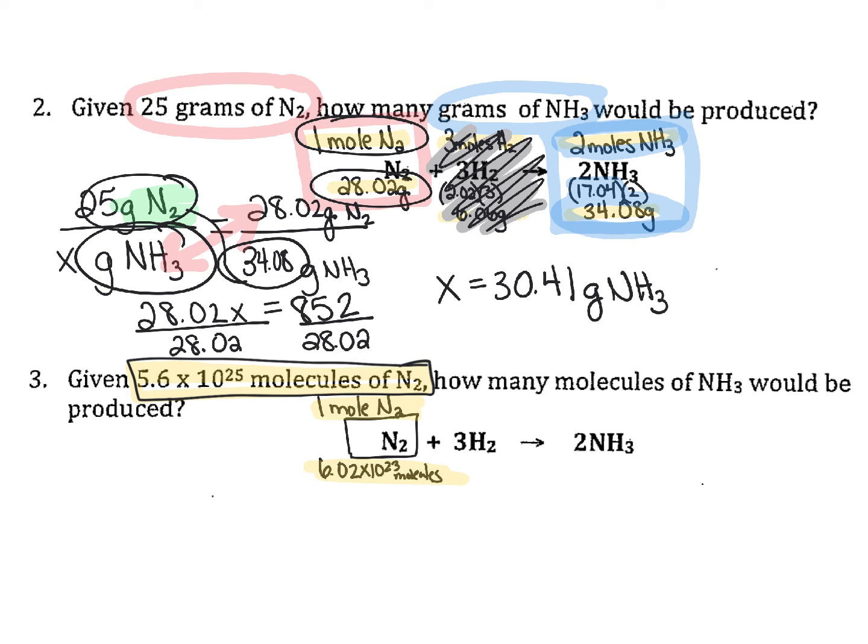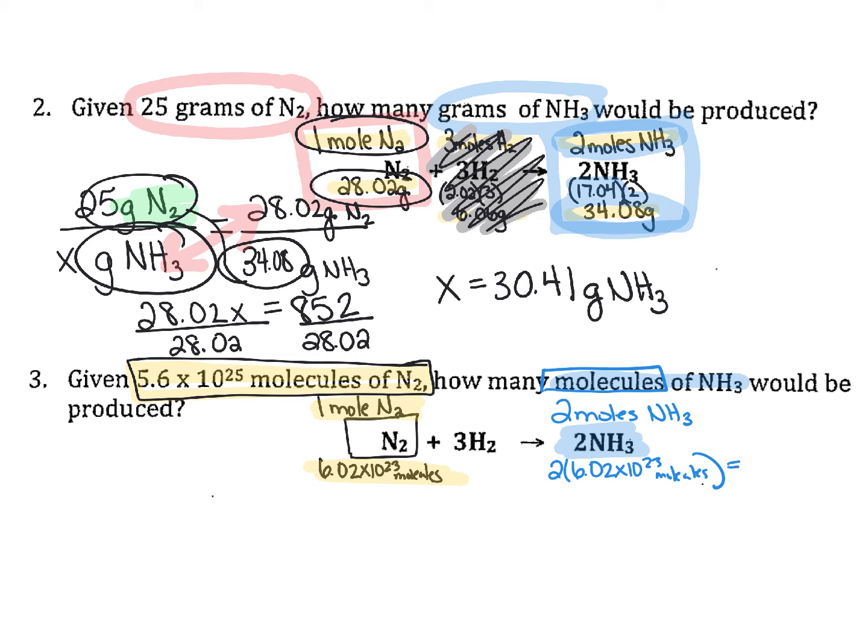Now let's find what we need to figure out. It's asking for molecules of NH3. So NH3 is over here. According to my equation, it says that I need 2 moles of NH3. Well, let's see. 2 moles of NH3 would be 2 times 6.02 times 10 to the 23rd molecules. Again, I'm finding out how many molecules because that's what the problem is asking me for.